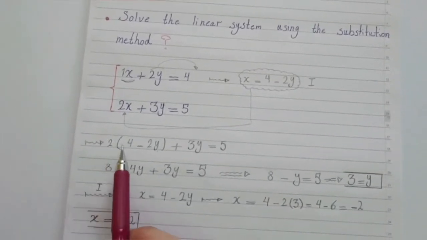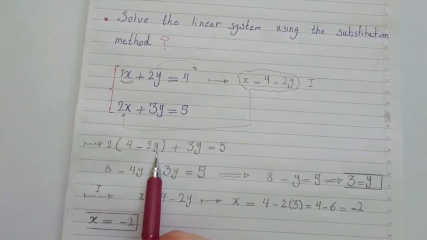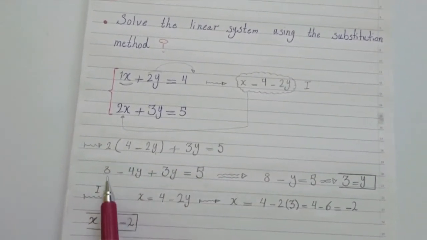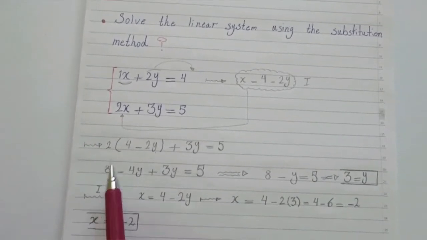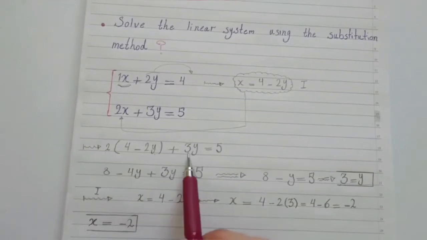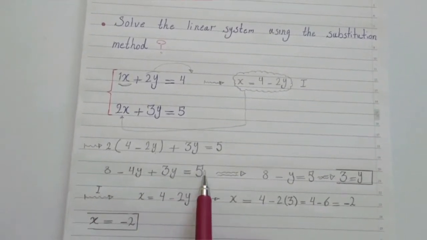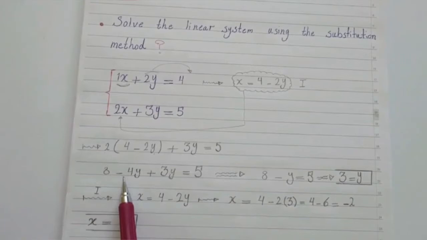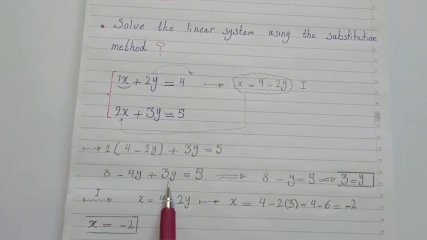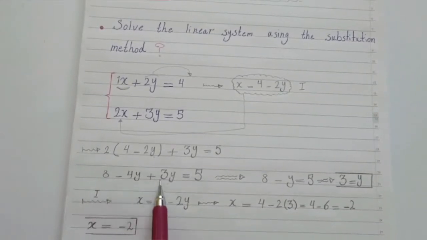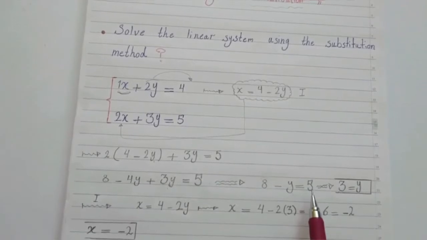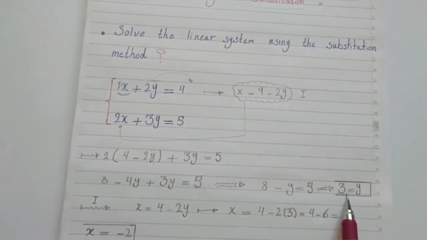So we have here 2 times 4 minus 2y plus 3y equals 5, okay? 2 times 4, it's gonna be 8 minus 4y plus 3y equals 5. Negative 4y plus 3y is gonna be negative y, okay? 8 minus y equals 5. Okay, and from here y is gonna be 3.